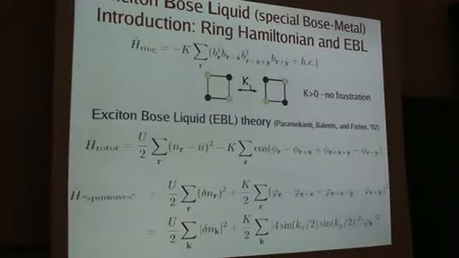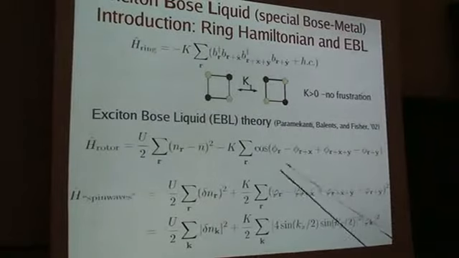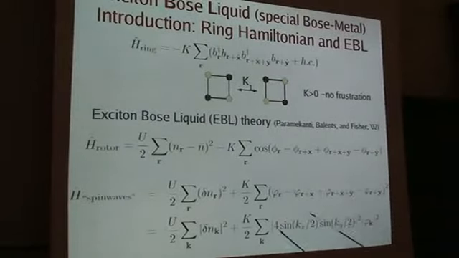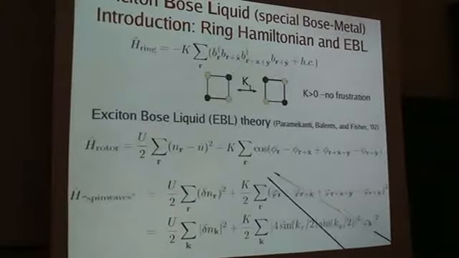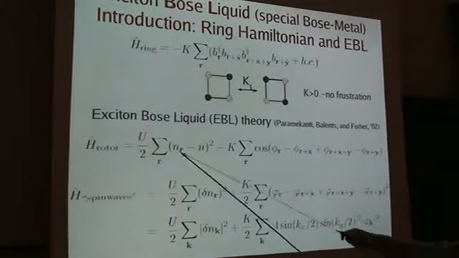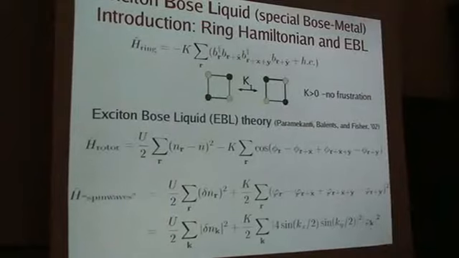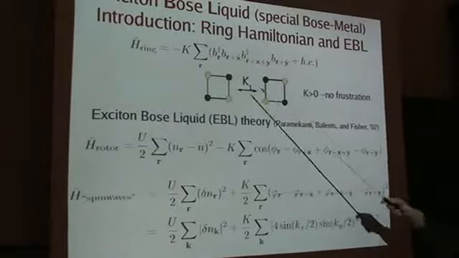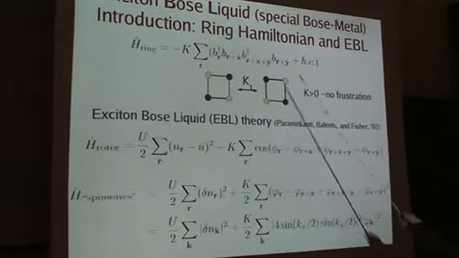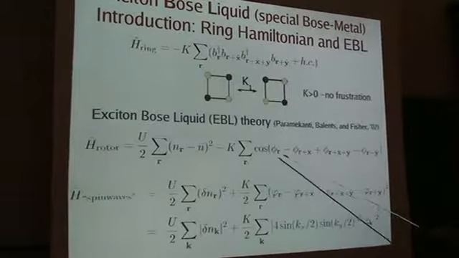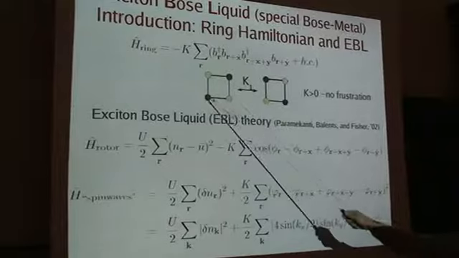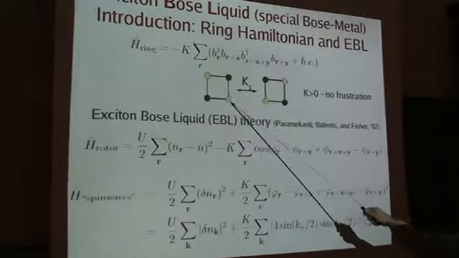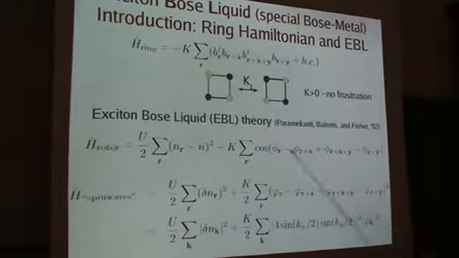So to discuss spin wave theory, for qualitative discussion, it's convenient to use rotor variables where e^{iφ} creates a boson, and n is the conjugate boson number variable. So this ring exchange term then becomes cosine of this phase combination in the pattern plus, creating a boson, minus, destroying a boson, plus, minus.